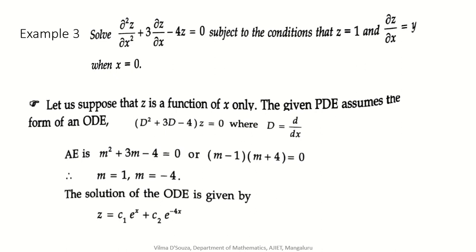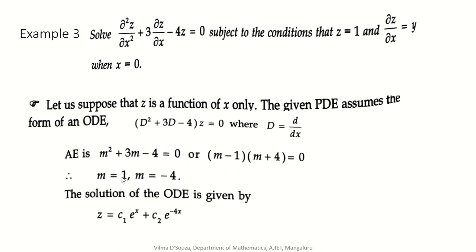In order to solve this ordinary differential equation, you write the auxiliary equation m² + 3m - 4 = 0. It's a quadratic equation. Need not factorize. Directly you can find the roots.